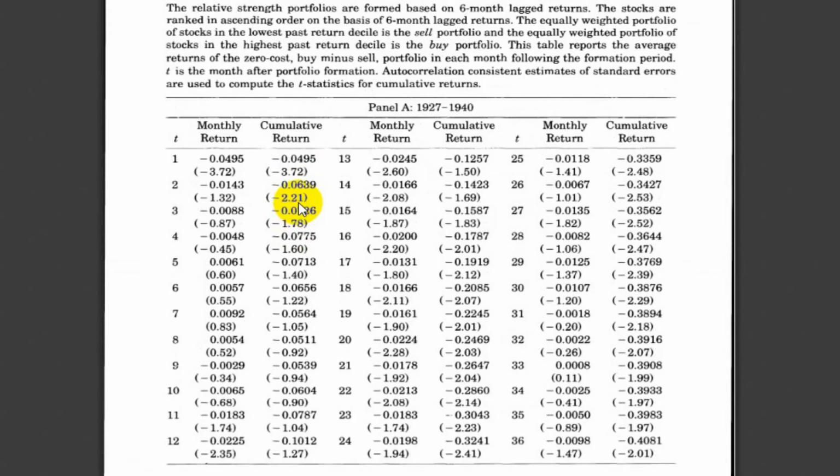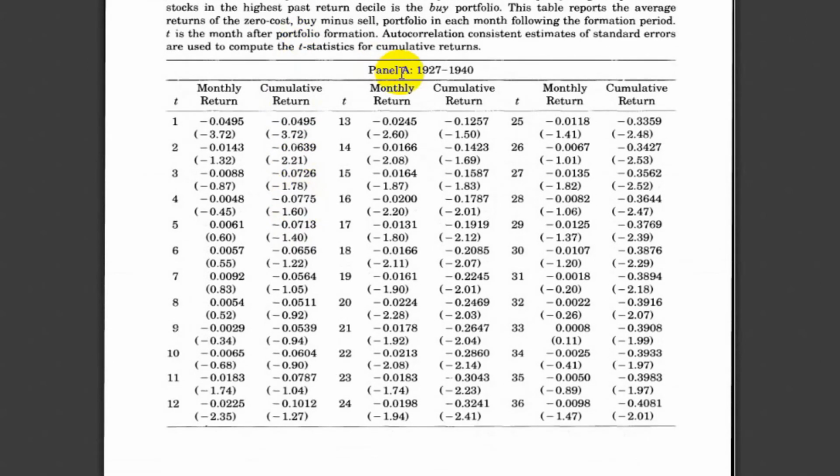So here's table 8, panel A, which shows the 1927 to 1940 period. And so it's the same as before. We've got the monthly returns for each of the next months after the 6-month formation date, all the way to 36 months, and the cumulative return over that period as well, and the T statistics in parentheses below. So we see a lot of similarities to the prior table for the 65 to 89 period.